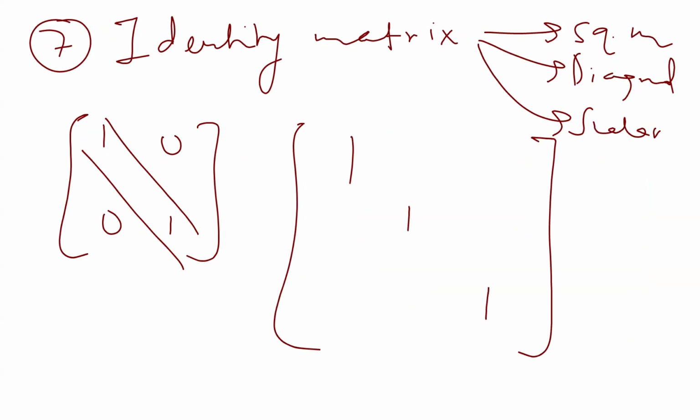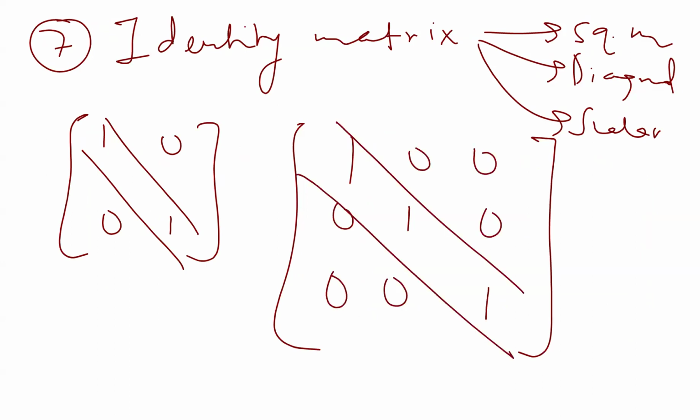Then only it is an identity matrix, denoted with capital I. So that's the identity matrix.